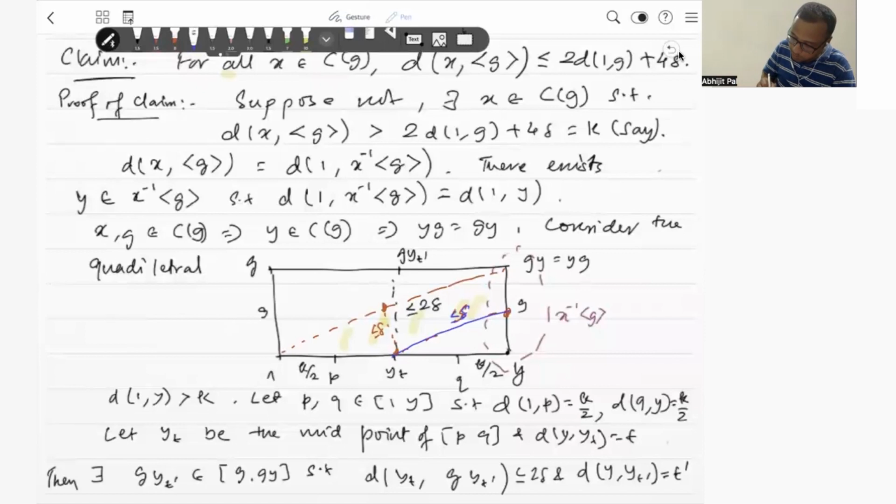Now suppose this distance is less than or equal to delta. Then the distance between yt and y will be less than delta plus the distance between y and g.